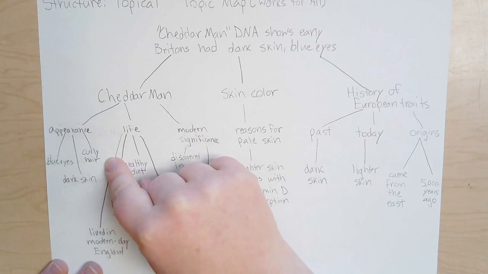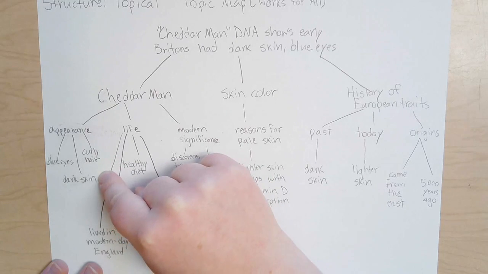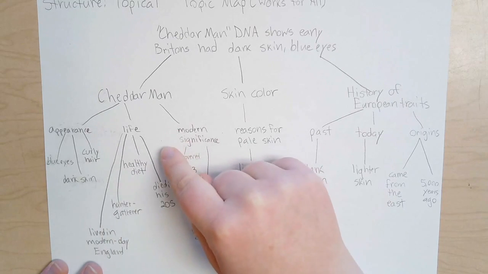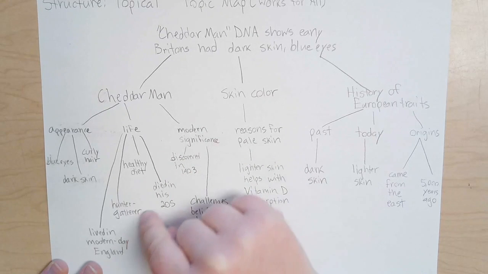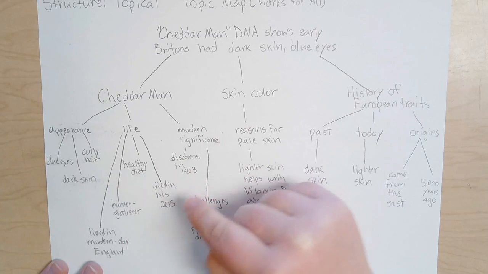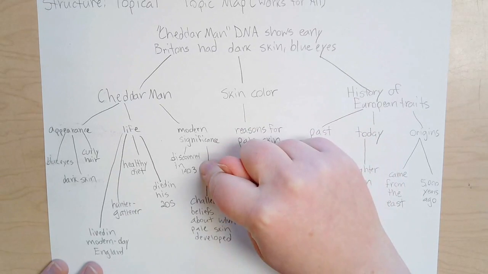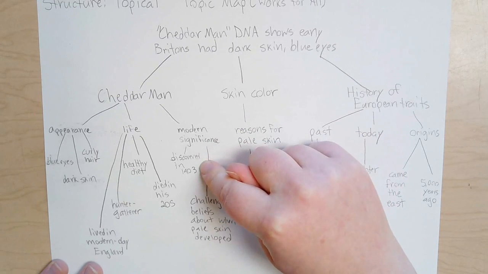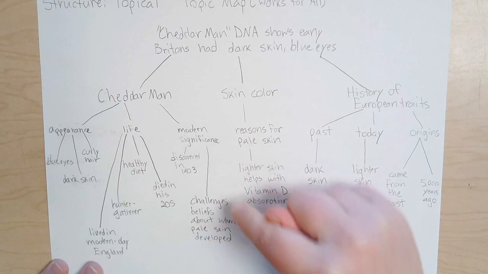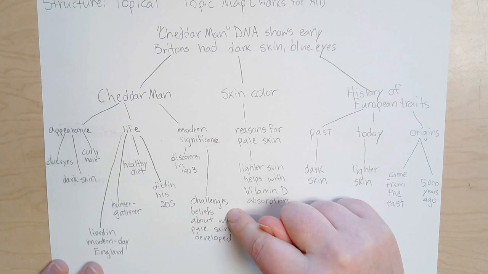So under appearance, it said he had blue eyes, dark skin, and curly hair. Under his life, he lived in modern-day England. He was a hunter-gatherer, ate a healthy diet, and died in his 20s. And he's significant today because he was discovered in 1903, which in the scheme of things is not that long ago, and his DNA challenges beliefs about when pale skin developed.